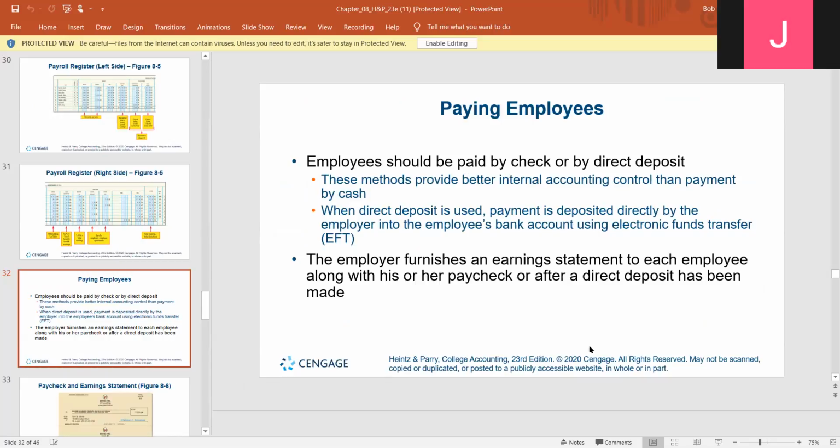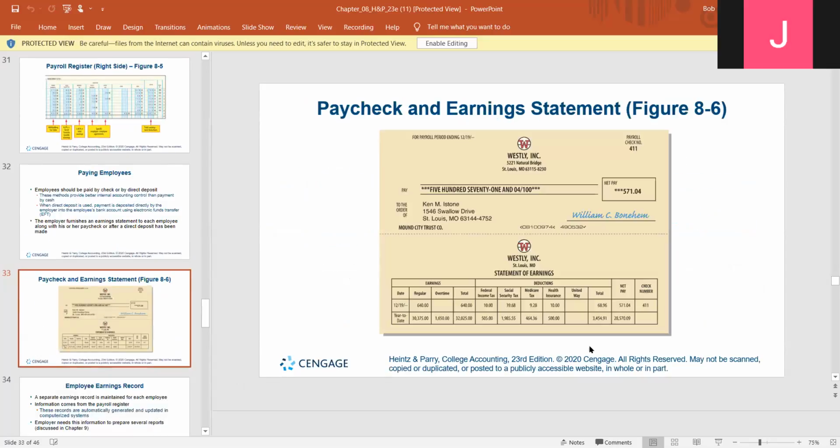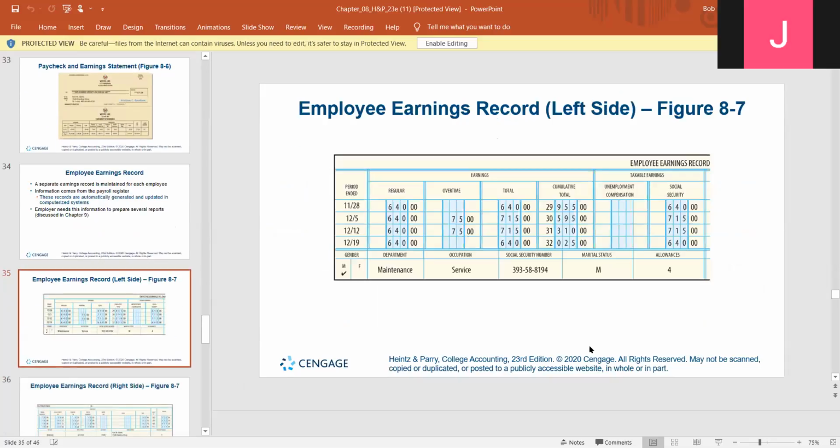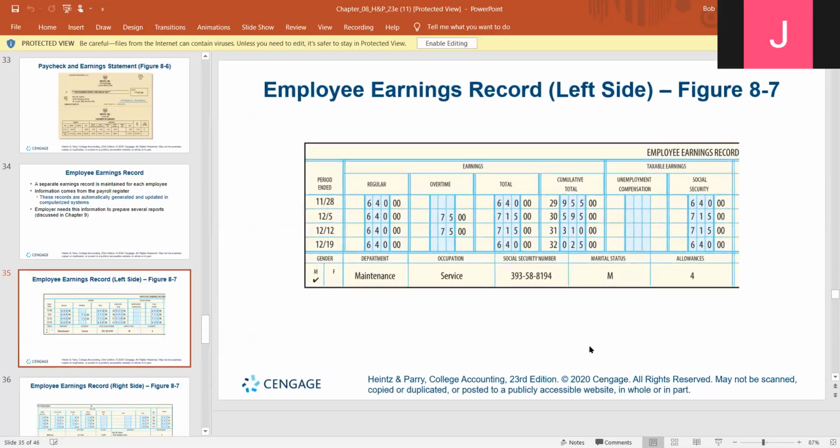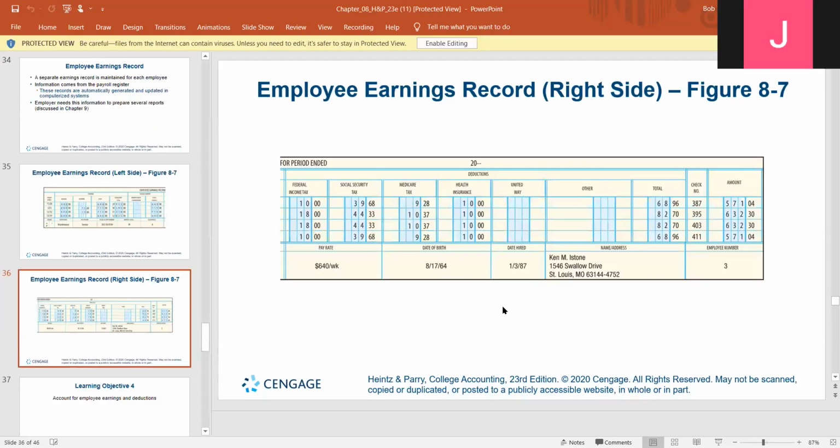Paying employees, they can be paid by check or direct deposit. We know that. Paycheck earnings statements. Look at the employee earnings record. This is similar. This is just like the payroll register, except it's for one person and one person only. And this person earned 640 in week 1, week 2, week 3, etc. And we find out that this person is Ken Stone.